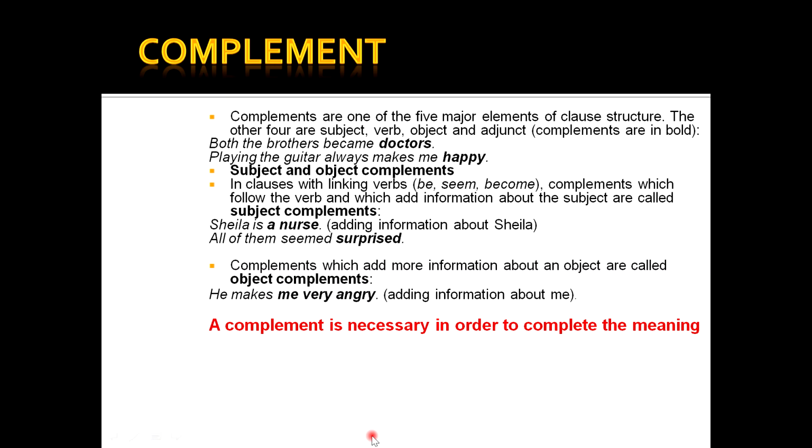Complements which add more information about the object are called object complements. He makes me very angry. So this angry is something that gives more details about the object, that is me. A complement is necessary in order to complete the meaning. So that's all about verbs. Thank you for watching.